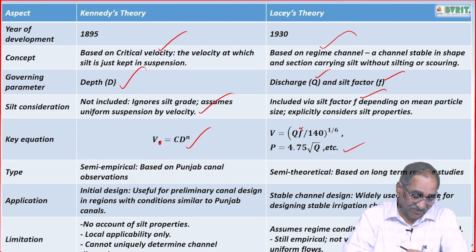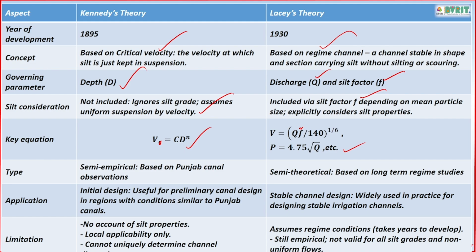Two more equations are there. And type: Kennedy's is semi-empirical based on Punjab canal observations. Lacey's is semi-theoretical based on long-term regime conditions studies. Application: Kennedy's is very useful for preliminary canal design in regions where the conditions are similar to Punjab canals.